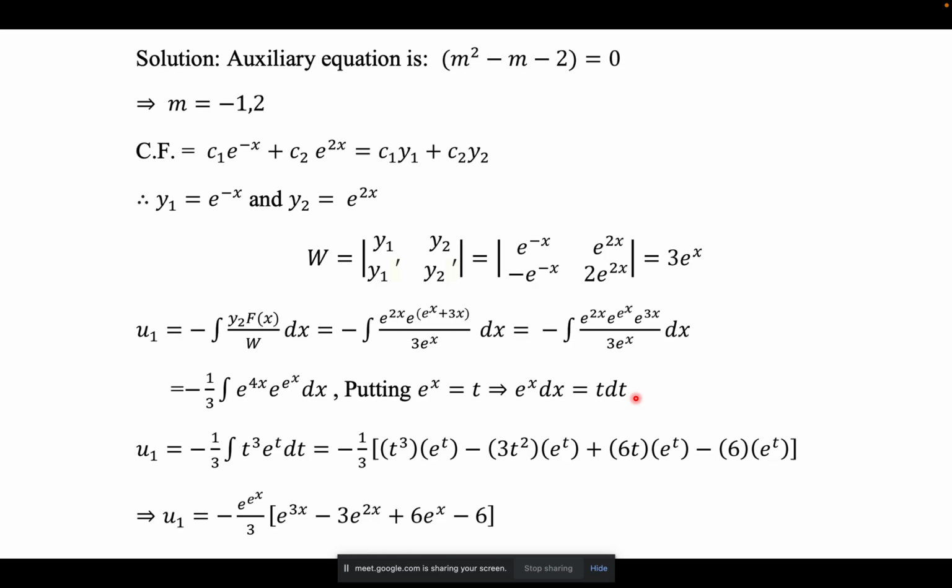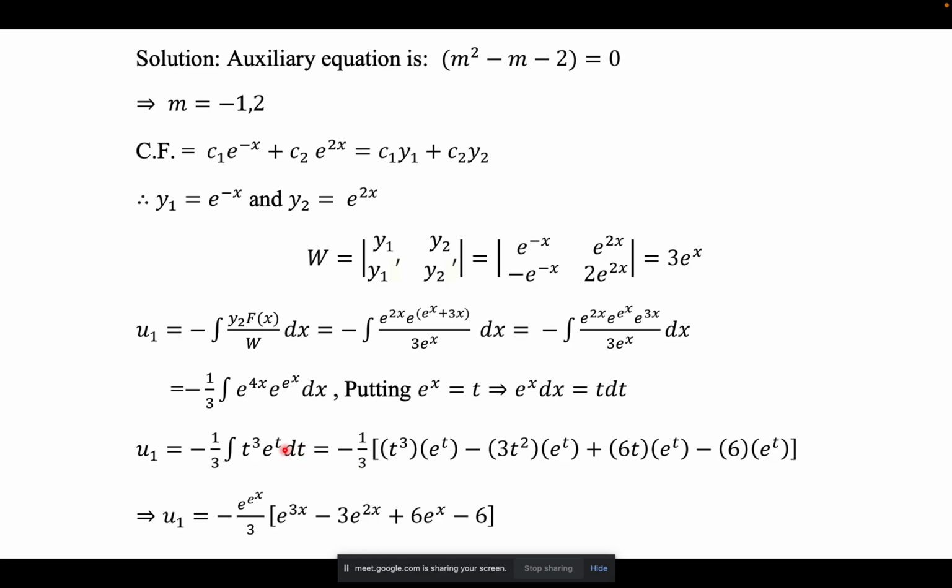And then from here you can rewrite this equation in this form, right? So basically now you substitute this value of e power x dx here. So you have t cube times e power t times dt, right? And now it's very easy to solve this integral.